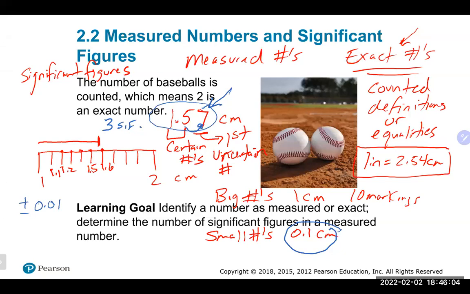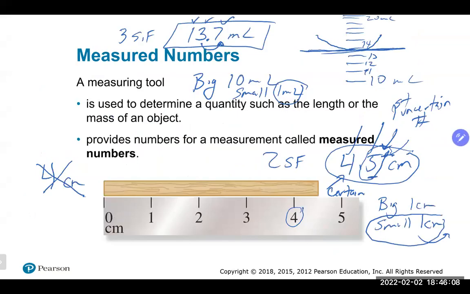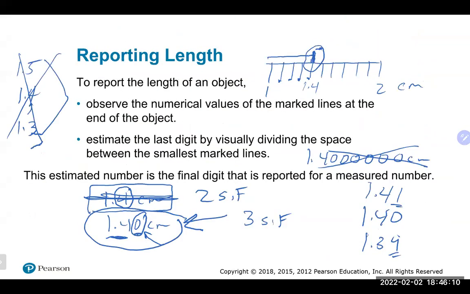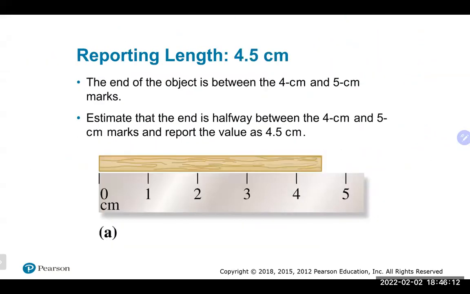Any questions? Now I say most of the time, and that is the case, but nothing's 100% here. For example, if we had something like this. Let's say we had a graduated cylinder like this.